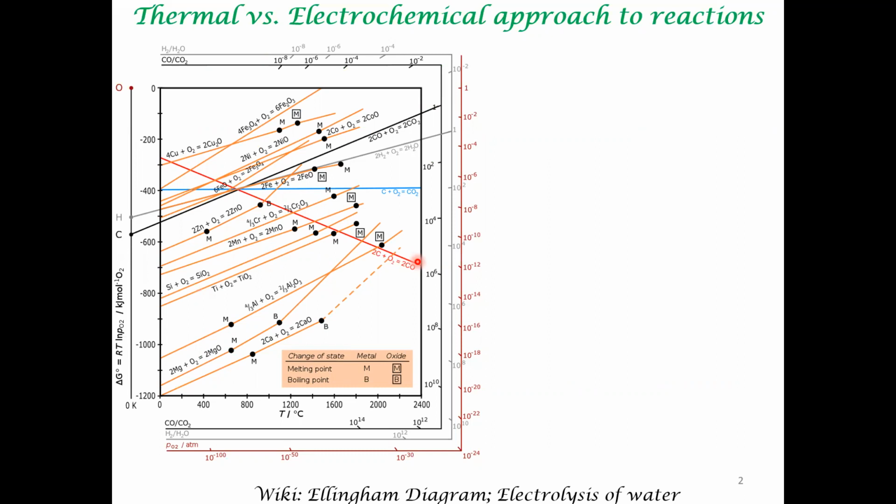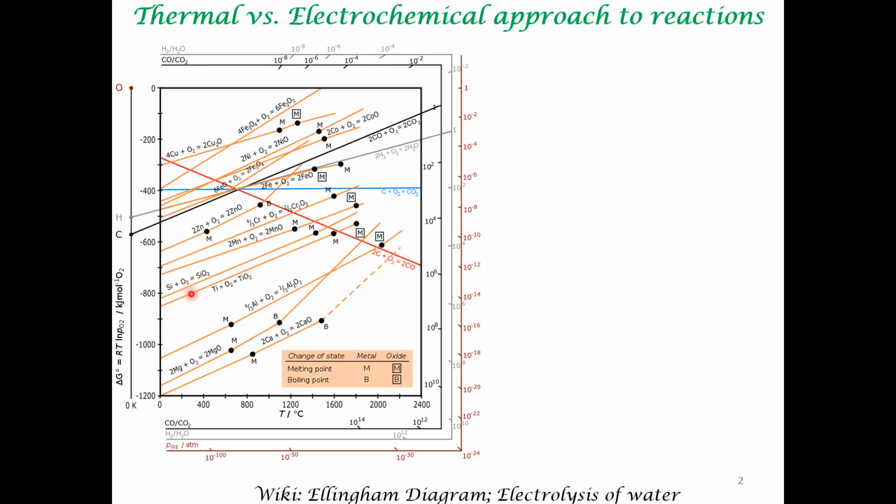All this depends upon the number of molecules that are present in the gas phase in the reactant side versus the number of molecules that are present in the gas phase in the product side.